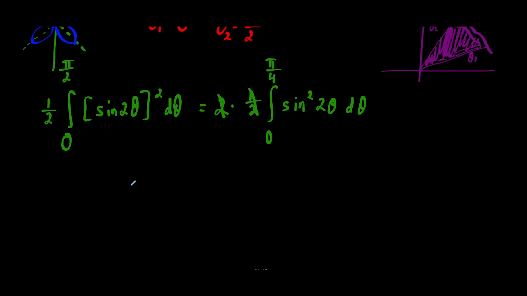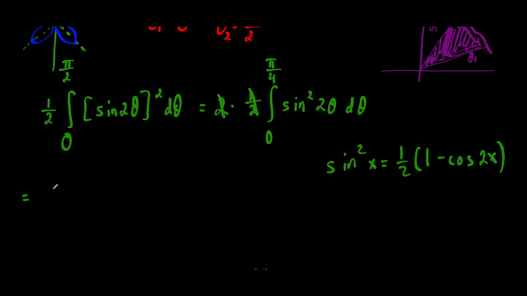But to close this out, we need to make use of the trig identity for sine squared theta. So in general, maybe I'll use sine squared x so you can see it. This is equal to 1/2 times 1 minus cosine 2x. So we're going to apply this trig identity here.